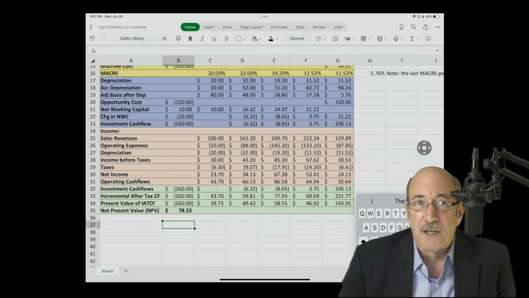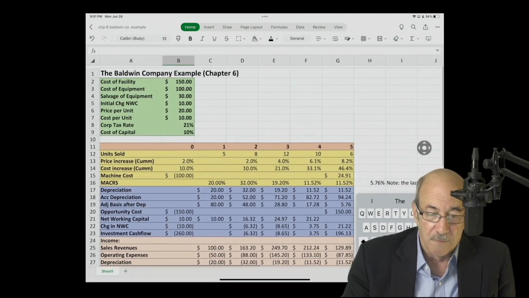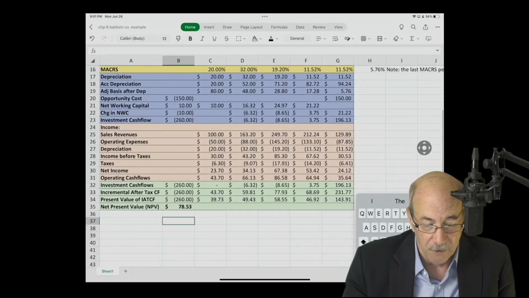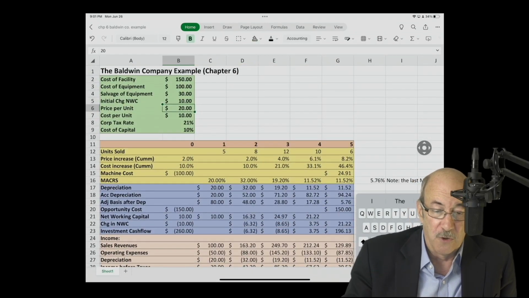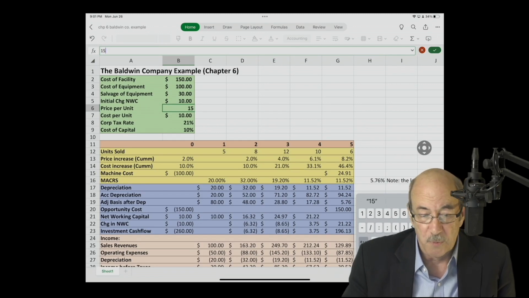So I hope that having it in a spreadsheet where all of the formulas relate back to the initial data is going to be helpful to you in terms of figuring out how to do this. And you can play around with these numbers too. You could even play around with, well, what sort of revenue, if my revenue were, say, only 15 instead of 20, would I still have a positive NPV project?